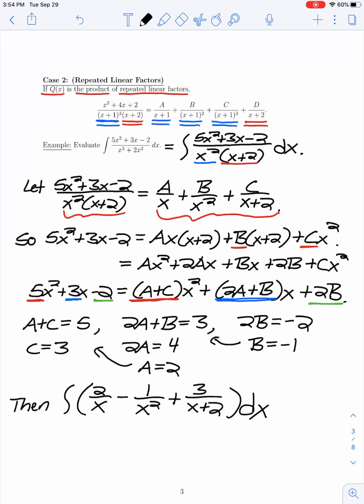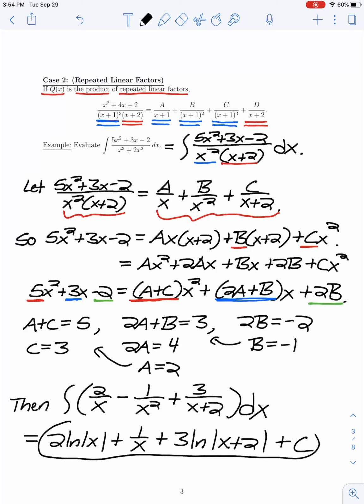So by rewriting our function in this decomposed form, I can now integrate directly, and I would have twice the natural log of absolute value x, plus 1 over x for the antiderivative of 1 over x squared, then plus 3 times the natural log of the absolute value x plus 2, plus C. Since this was an indefinite integral, I don't want to forget my constant of integration.